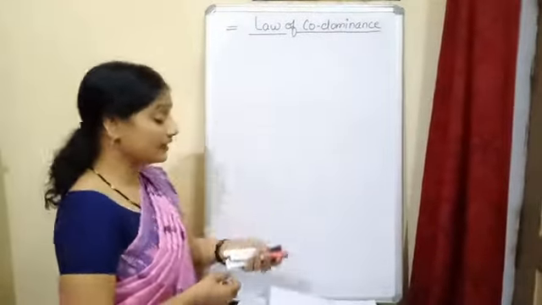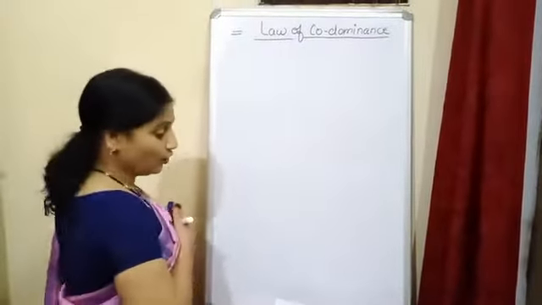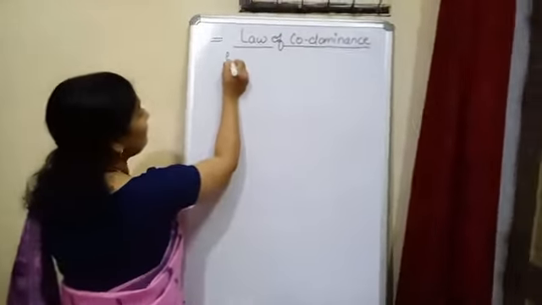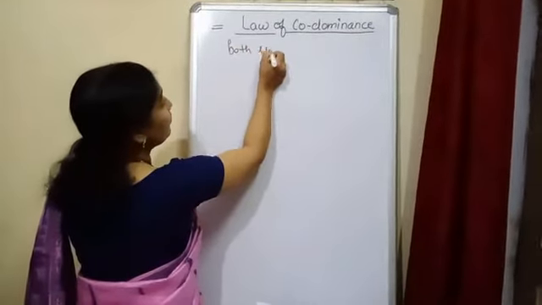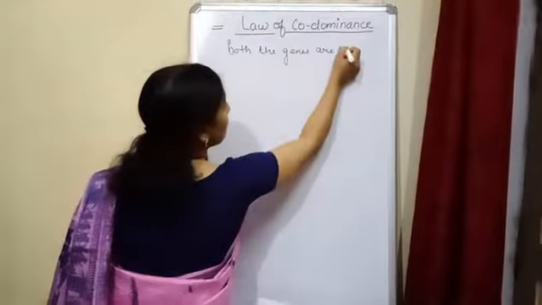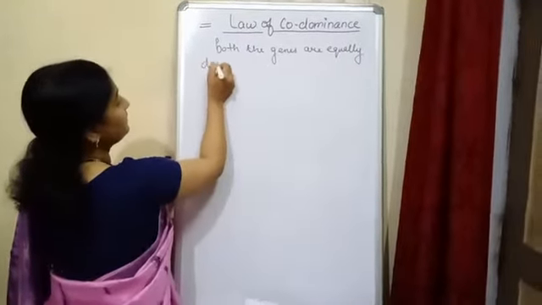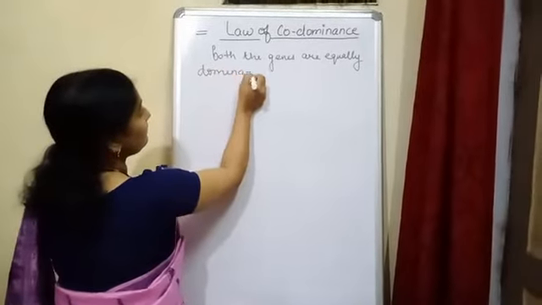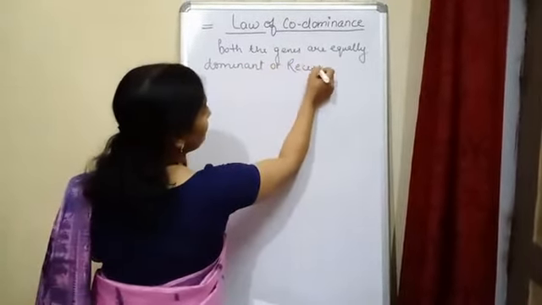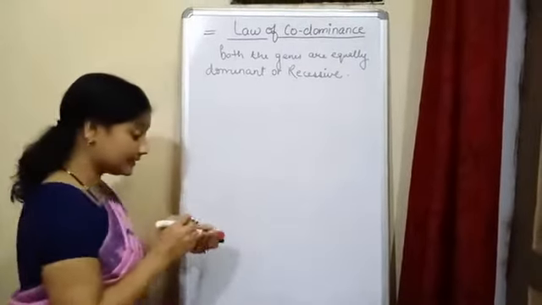This is another variation from Mendel's law. In the law of codominance, we say that both the genes are equally dominant or recessive. Now once again, see.